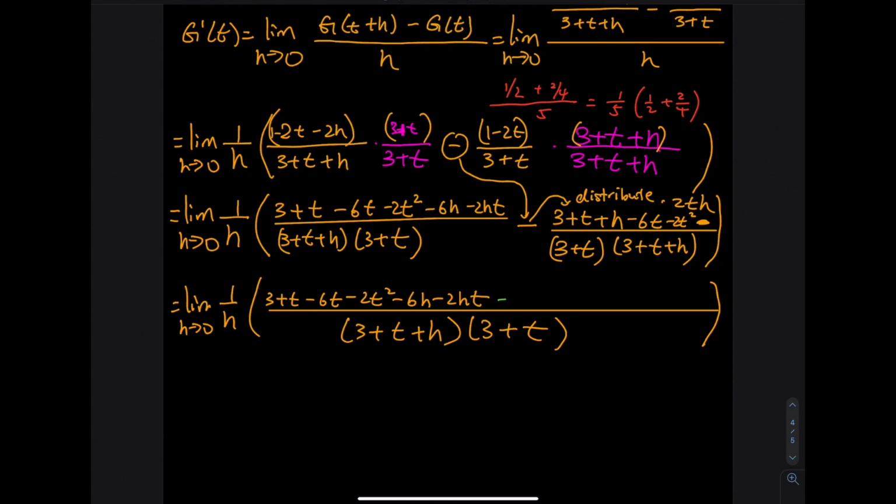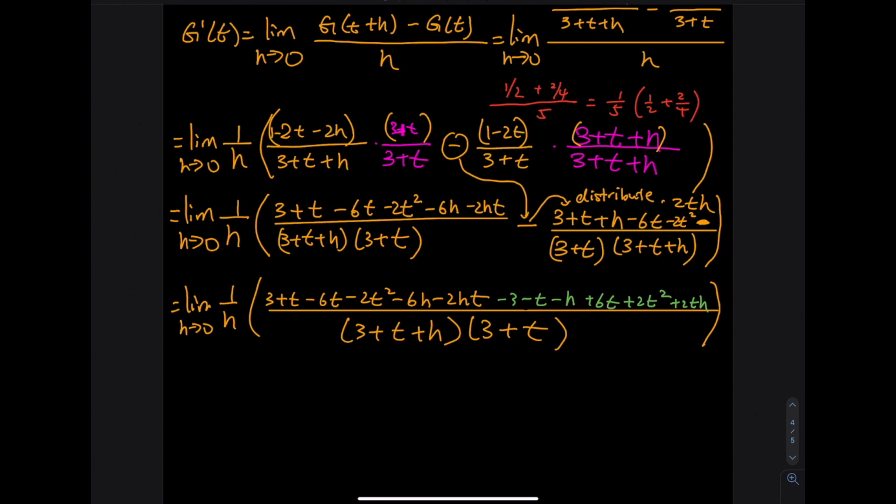So we minus 3, and then minus t, and then minus h, plus 6t plus 2t squared, and then we have minus 2th minus, or minus is a plus 2th.